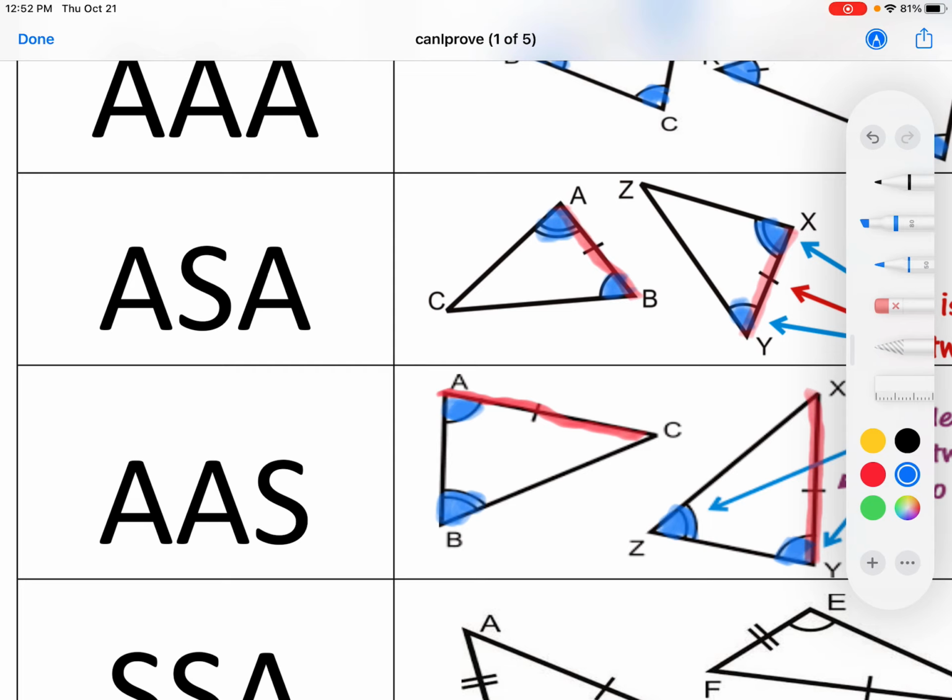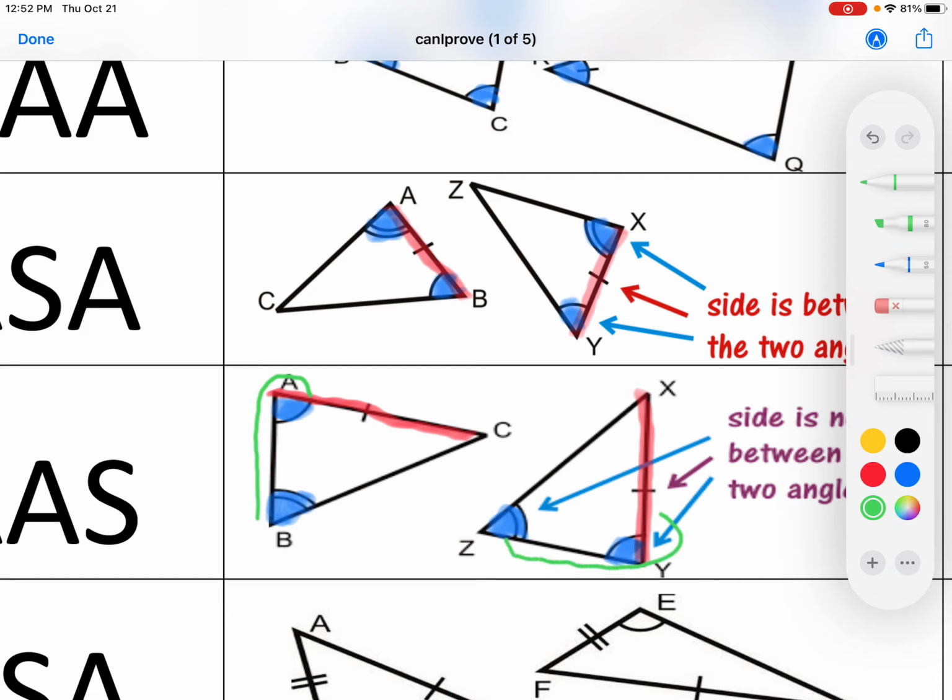When I'm tracing through this with my pencil, I follow around the loop. I run into an angle, and then a side. I run into an angle, and then a side. Well, on the previous one, I run through an angle, a side, and then an angle. That's how you keep track of that.